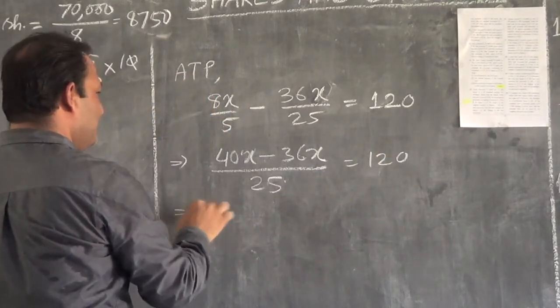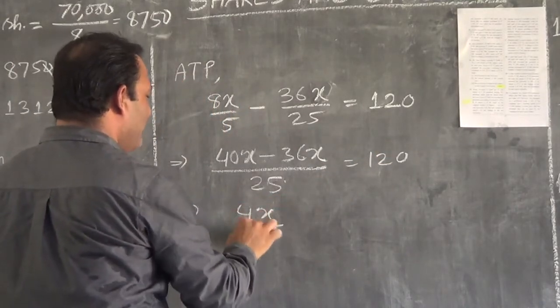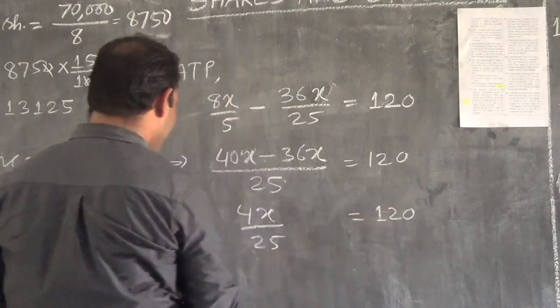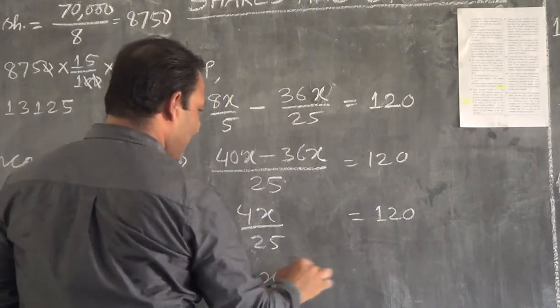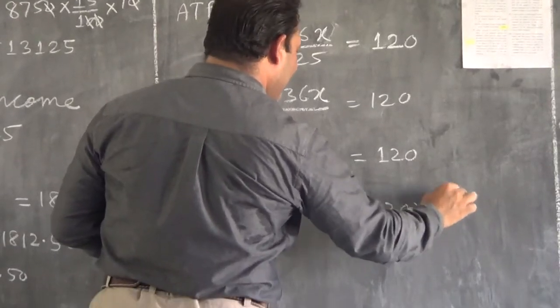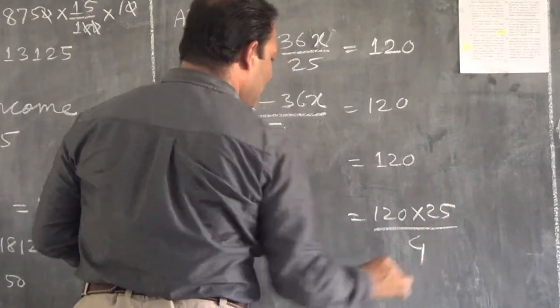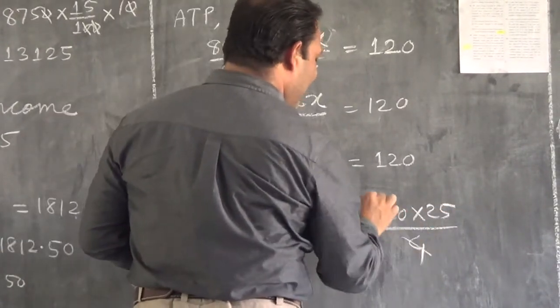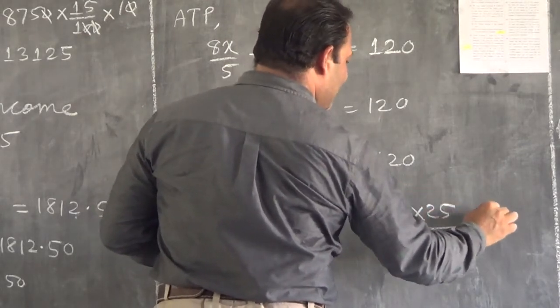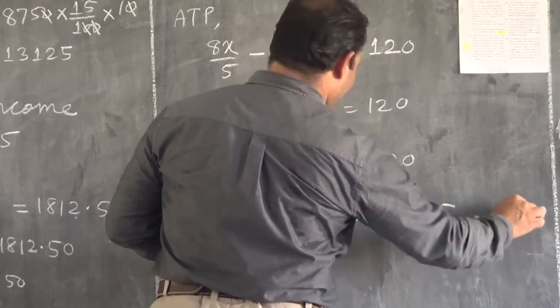That implies 4x by 25 equals 120. That implies x equals 120 into 25 divided by 4. Then here we can cancel 4, 30. So 25 into 3, 750.